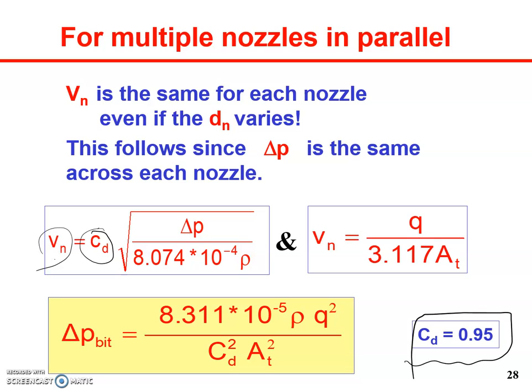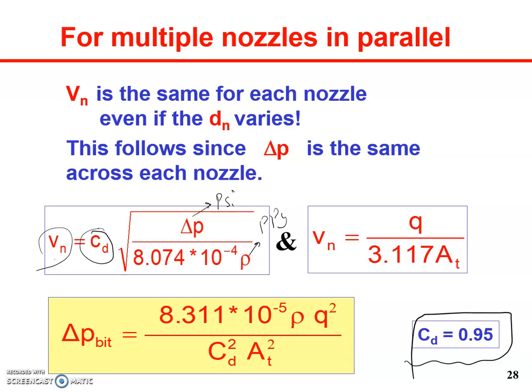So this is the velocity passing through the nozzle. Delta P here is in psi, and density is in pounds per gallon. So you convert this velocity into the cross-sectional area and flow rate, right? Velocity can be converted to cross-sectional area and flow rate.